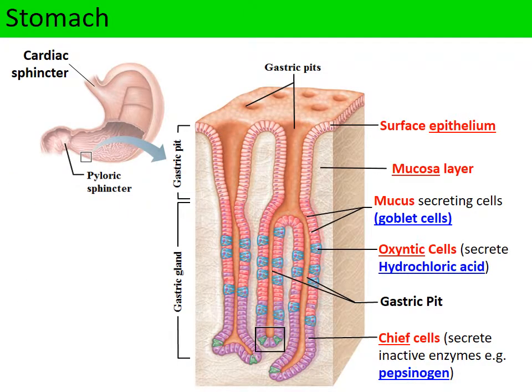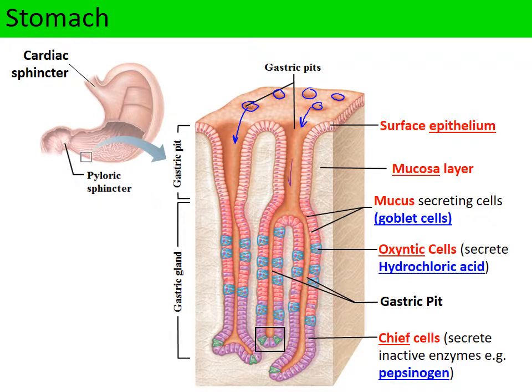Now, if we were to actually look at the wall of the stomach, we can see these gastric pits. So these little pits here, if you were to go down them, you would see what we call gastric glands. So we know epithelial tissue is tissue that lines certain structures within the body.